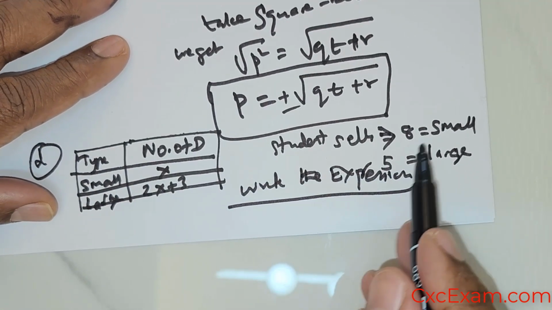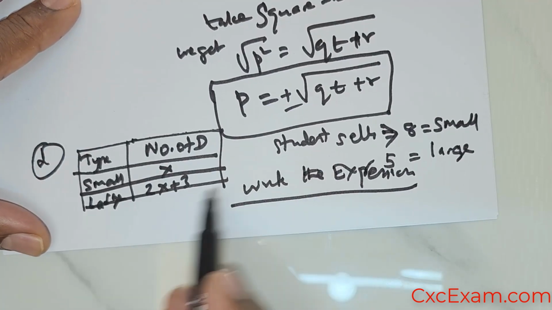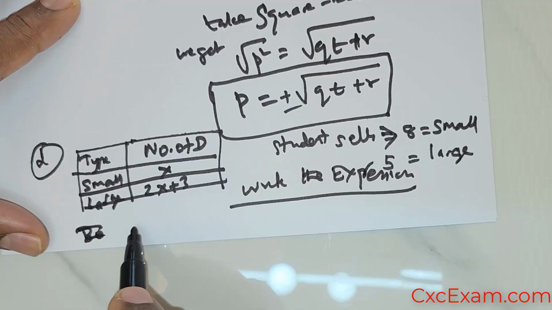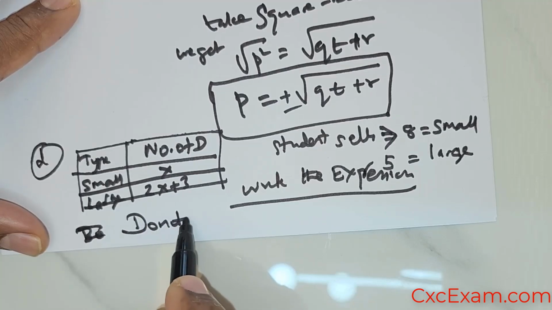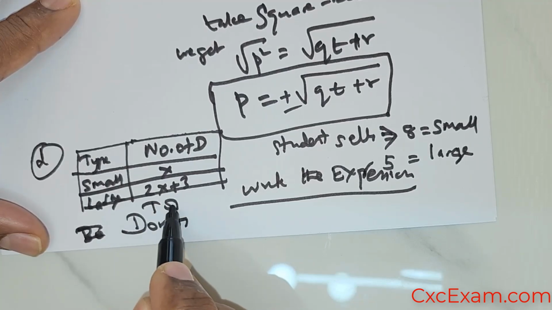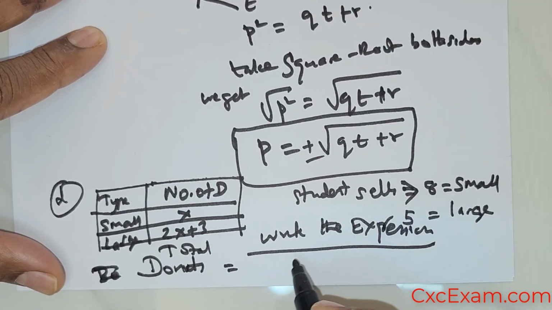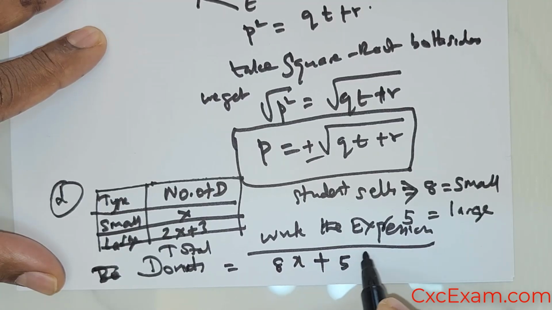So what is the solution going to be? Instead of saying boxes sold, I'm going to say donuts sold. Okay, total donuts sold is equal to 8 small boxes, so 8 into x, plus 5 large boxes, 5 of 2x plus 3.